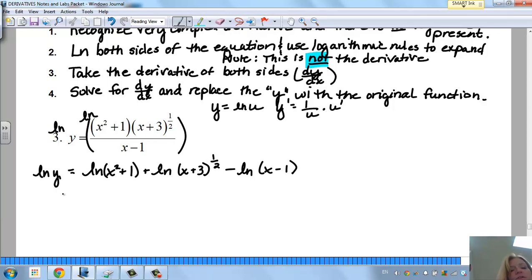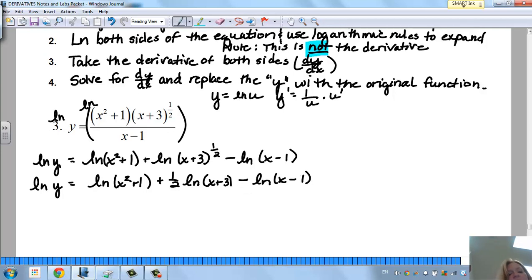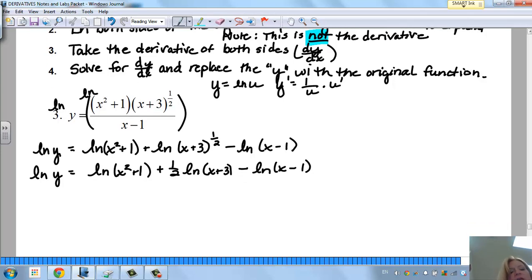We're going to bring this exponent down front, so I have sufficiently expanded this as far as it can go: plus 1/2 the natural log of x plus 3, minus the natural log of x minus 1. So basically, all I've done is expand that problem.